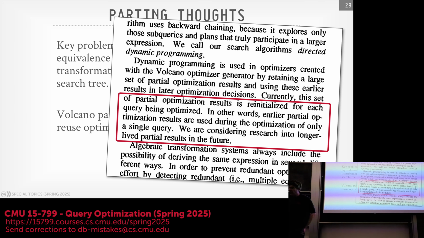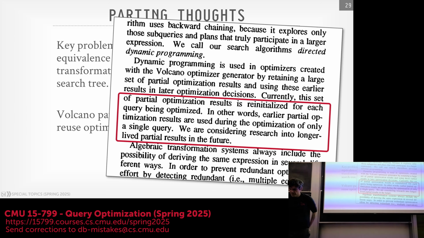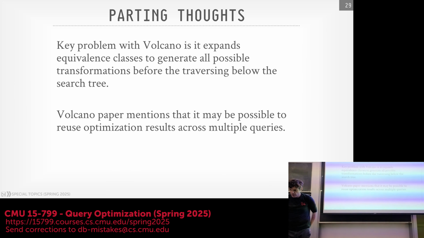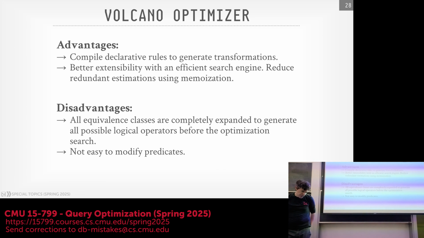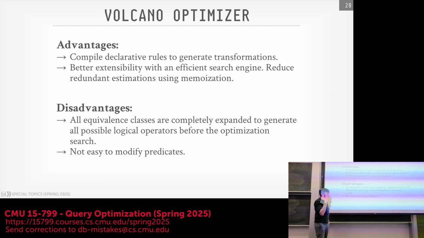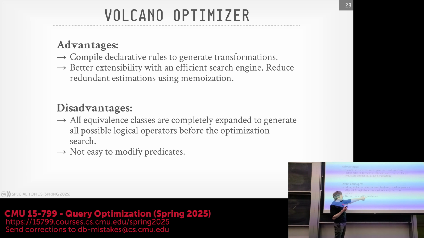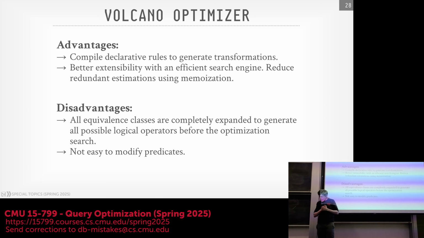Yes? So another advantage you mentioned was it wasn't easy to modify predicates. What does this mean? I don't remember when I read this. I don't think I meant predicates.